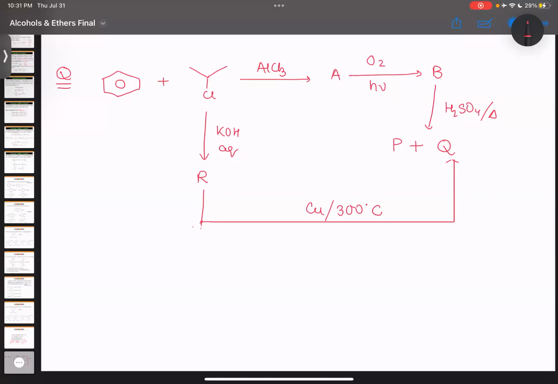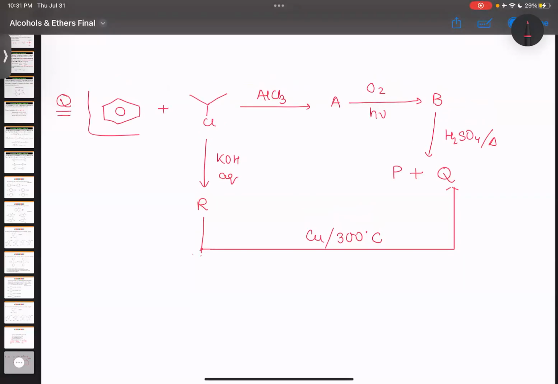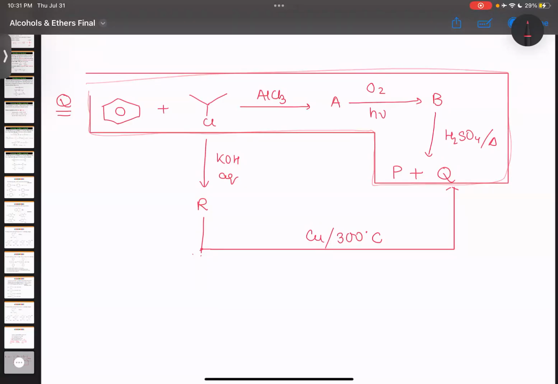First, try to figure out this reaction. Then you can work on the P, Q, R. This is a famous reaction.